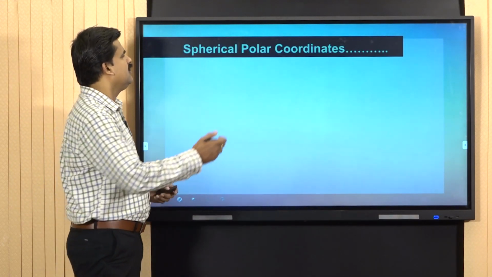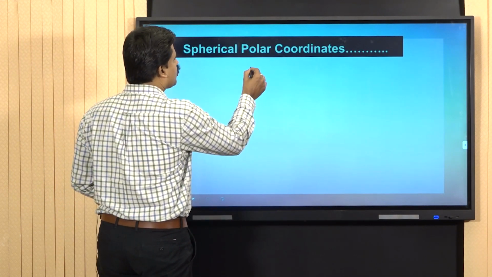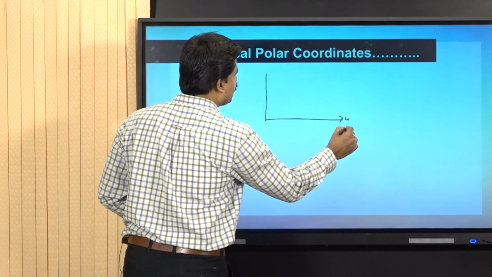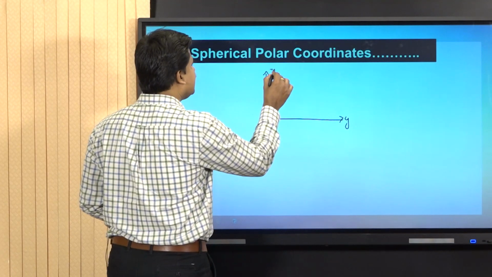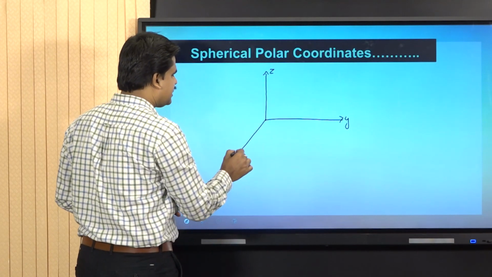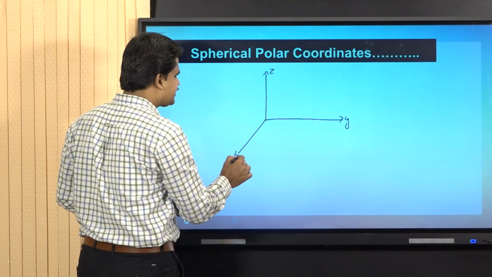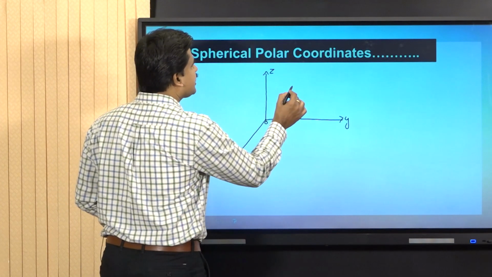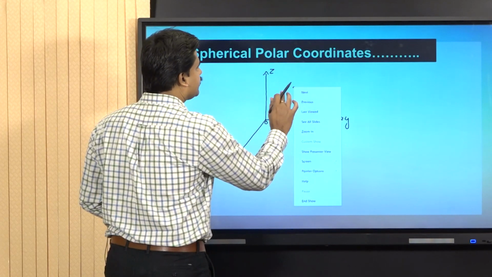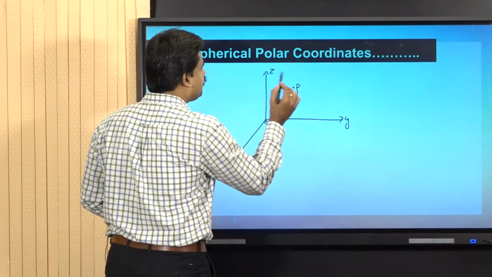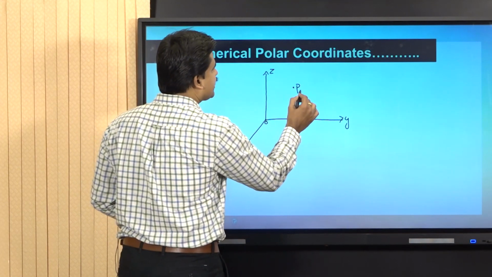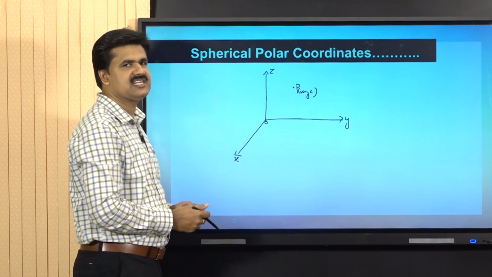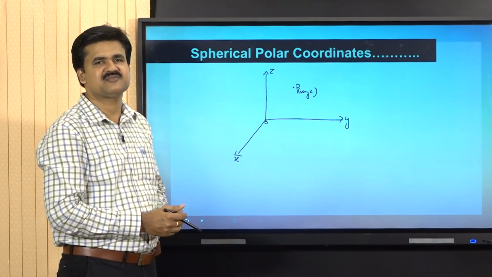Now consider the three coordinate axes. For convenience, I am representing this as the y-axis. This is the z-axis and this represents the x-axis. This is the origin and consider a point P here. The point P can be represented as P of x, y, z, since its position is represented by three variables x, y and z.